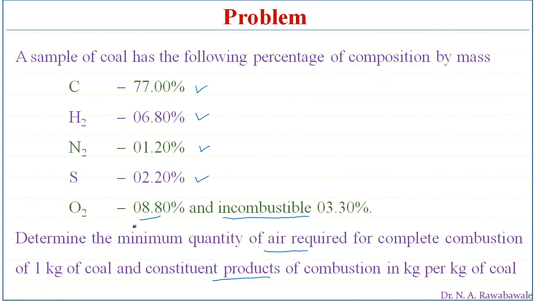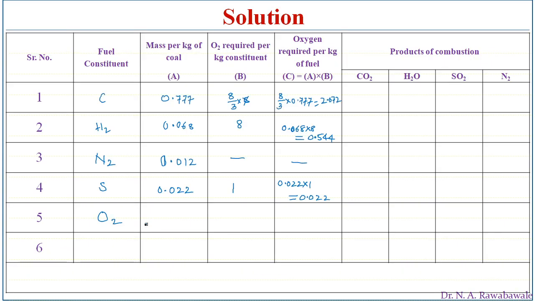Oxygen is present in the fuel. How much oxygen is present? 8.8%, which means 0.088. This does not require oxygen to burn. We need not have oxygen. Actually, this oxygen itself helps to burn the fuel. So -1 is the oxygen required.